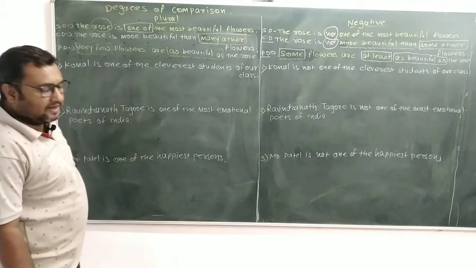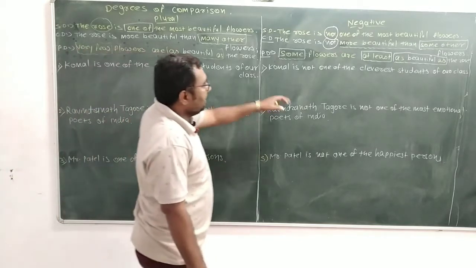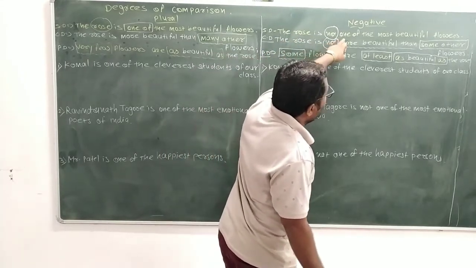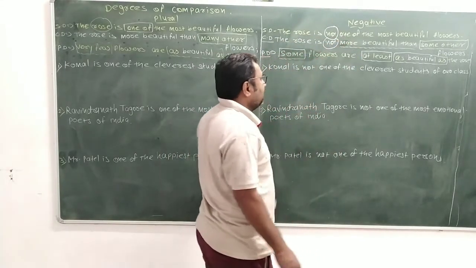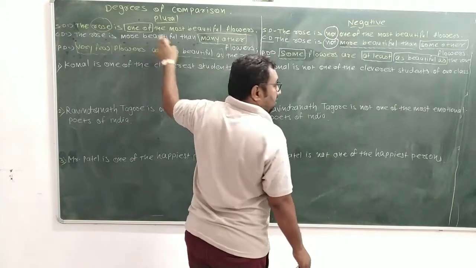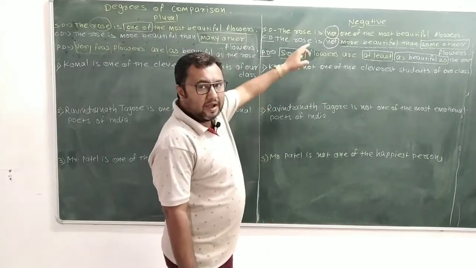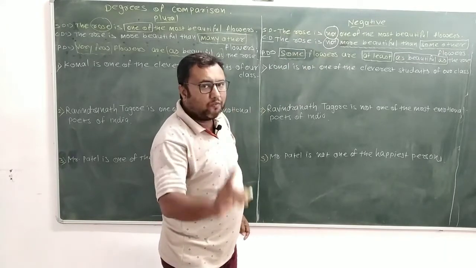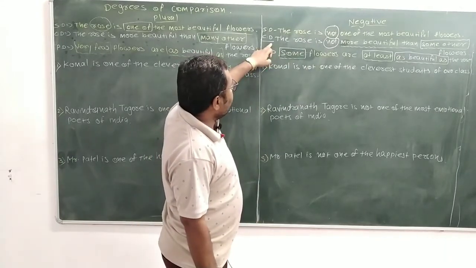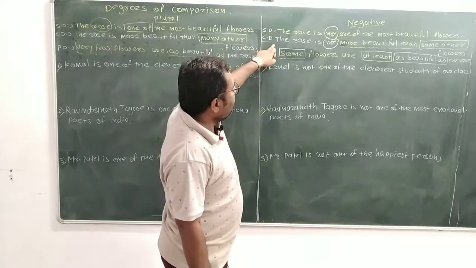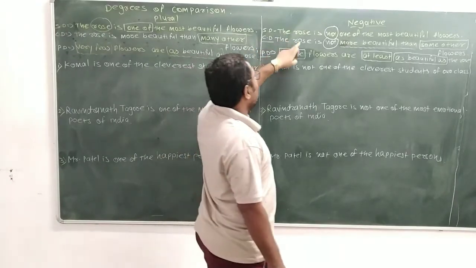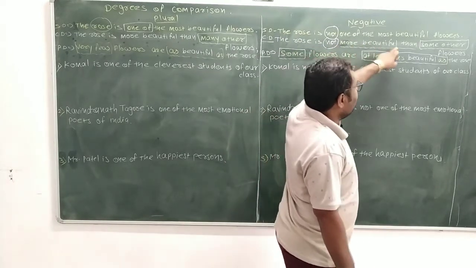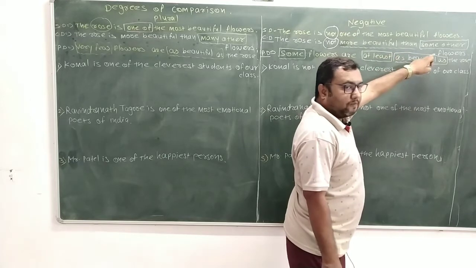That is the sentence. Now in negative form, the rose is not one of the most beautiful flowers. When we convert it into the comparative degree, write the same thing: the rose is not more beautiful than some other flowers.